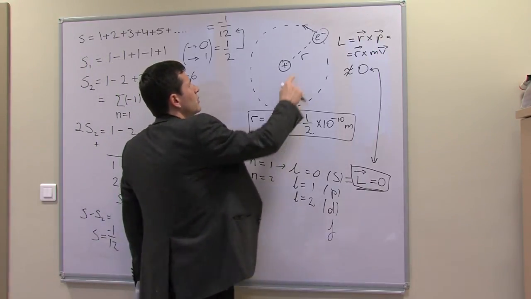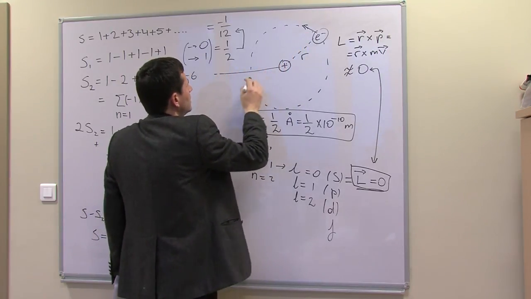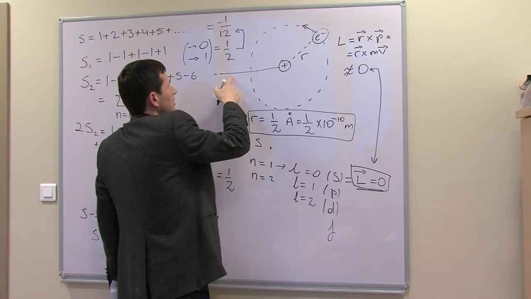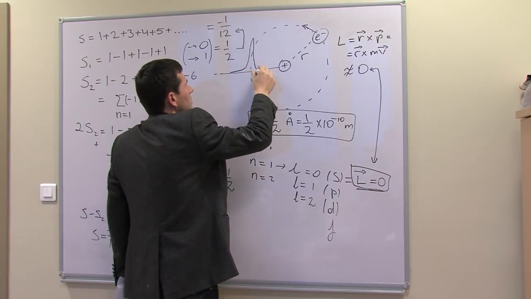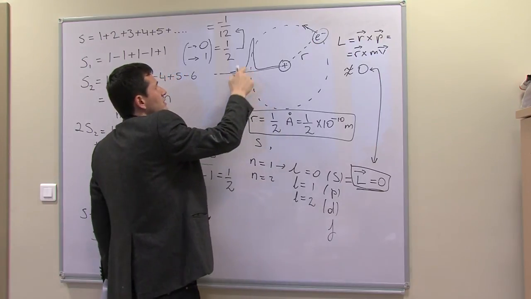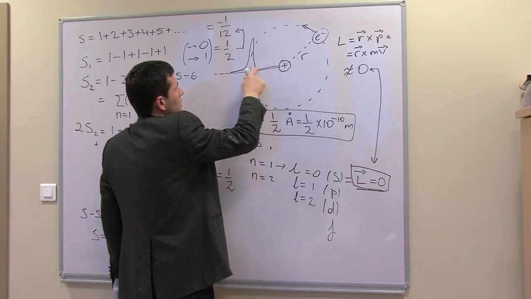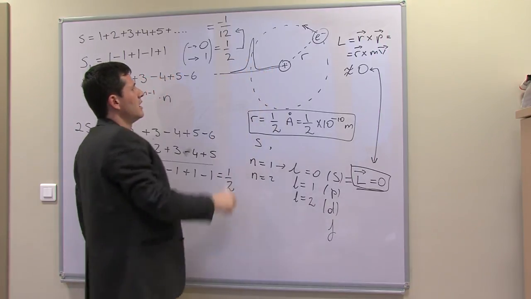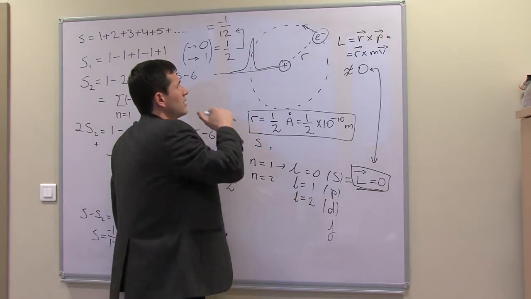This is the probability where most probably this electron is going to be found. So if we draw the probability where the electron is going to be found, right at the radius 0.5 angstrom the probability is the highest, and the probability drops as you get closer or further. So this is the probability of where to find that electron, rather than a circular path.